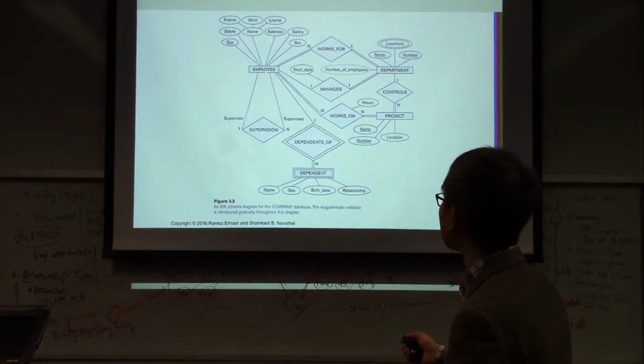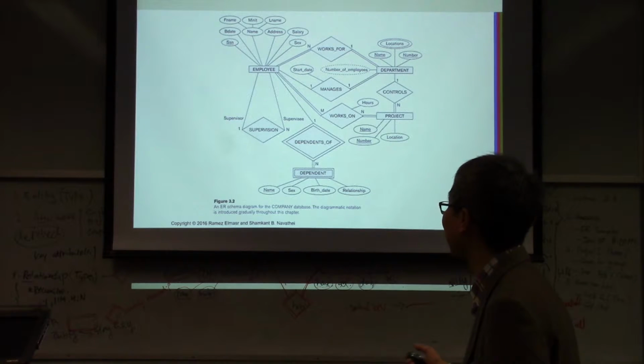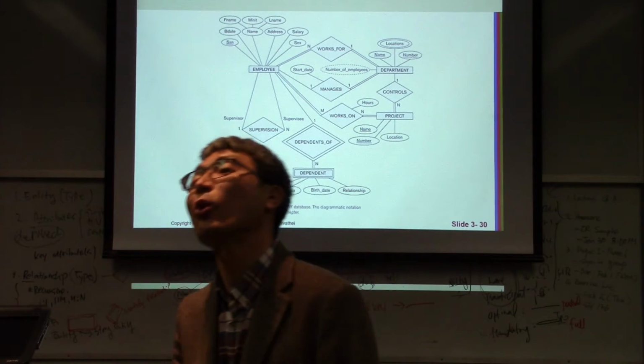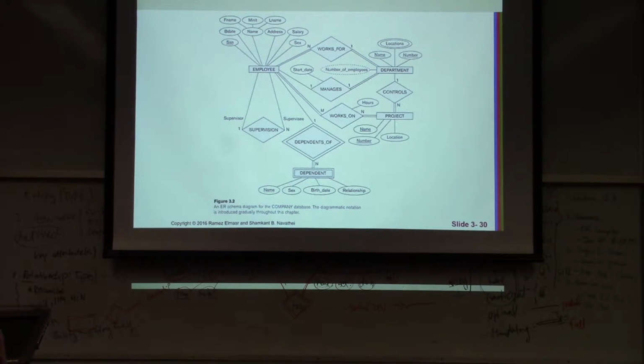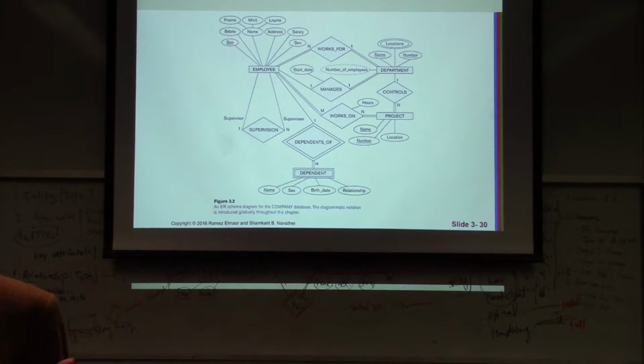What if I use E instead of employee? What if D instead of dependent? Yes, it's okay, but nobody can understand. So please do your best to represent the meaning, the semantics of the entity, of the relationship, and of the attribute.